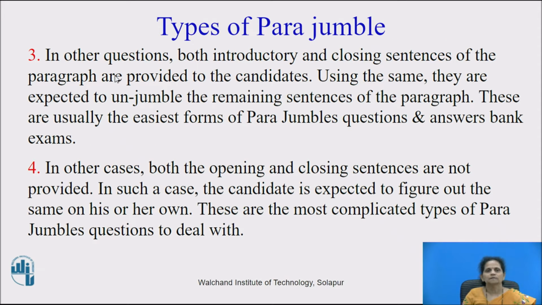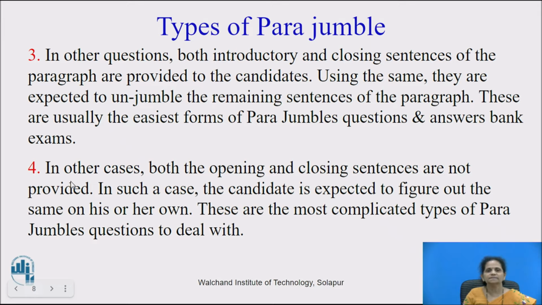Third one: in other questions, both introductory and closing sentences of the paragraph are provided to the candidates. Using the same, they are expected to unjumble the remaining sentences of the paragraph. These are usually the easiest forms of para-jumble questions in bank exams.